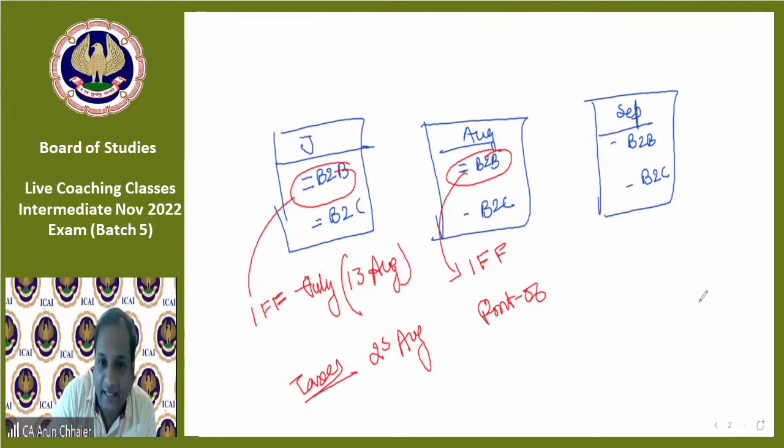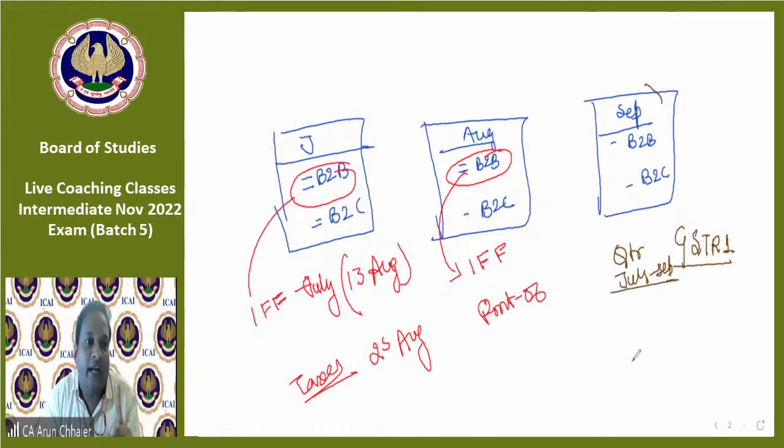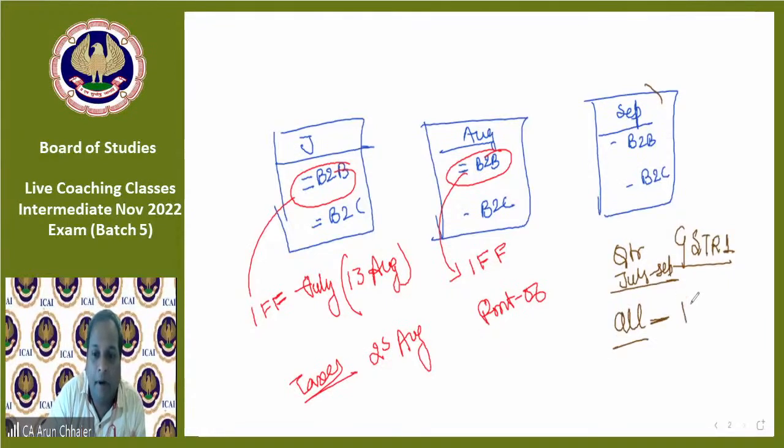Now I will file the GSTR1 for the quarter July to September, for all the quarter transactions minus IFF transactions.